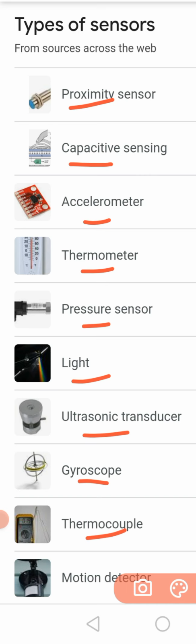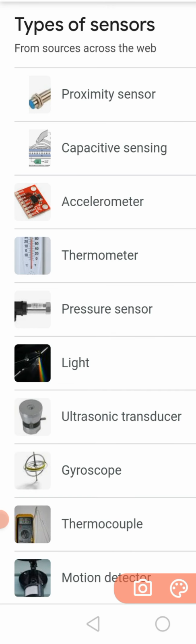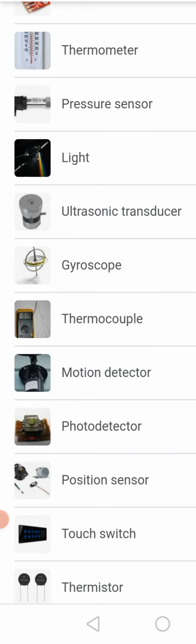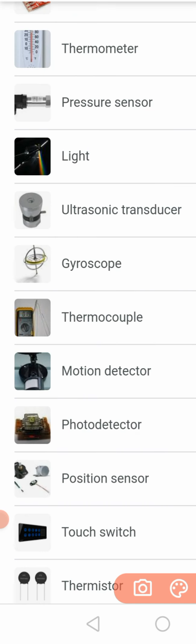Thermocouple is also a temperature measurement unit. It is used to detect the temperature difference of an object, and it generates a proportionate output voltage in response to that. Next one I am going to tell you about is the motion detector.